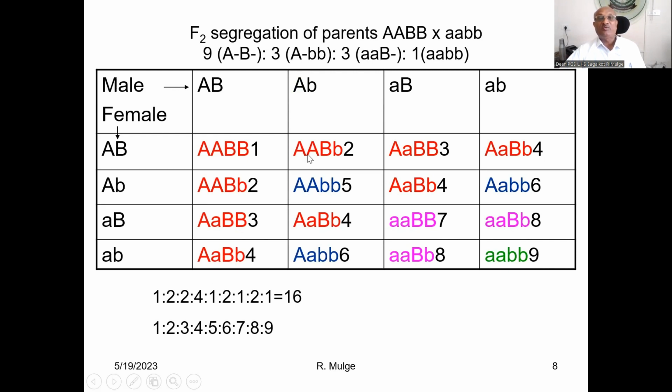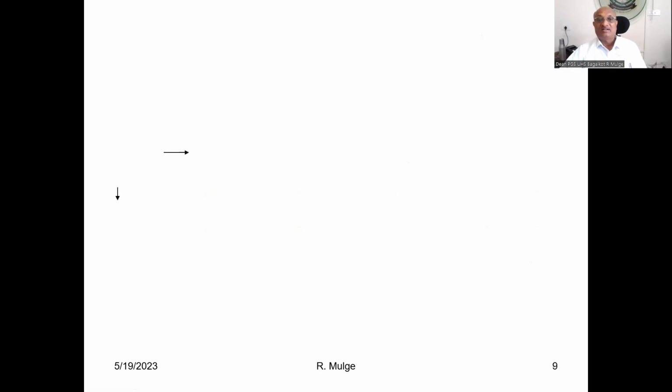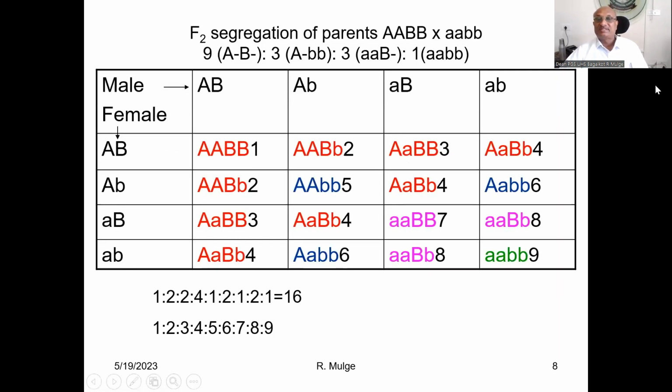Now, first gene homozygous dominant and second heterozygous. Third, the first gene heterozygous and the second gene homozygous dominant. This is 1, and you have got the same plant here. So these are 2.